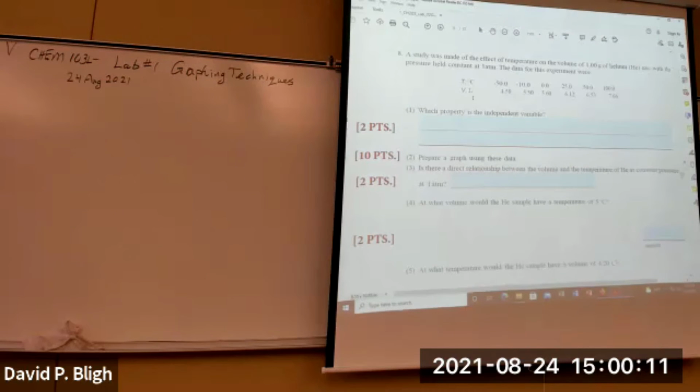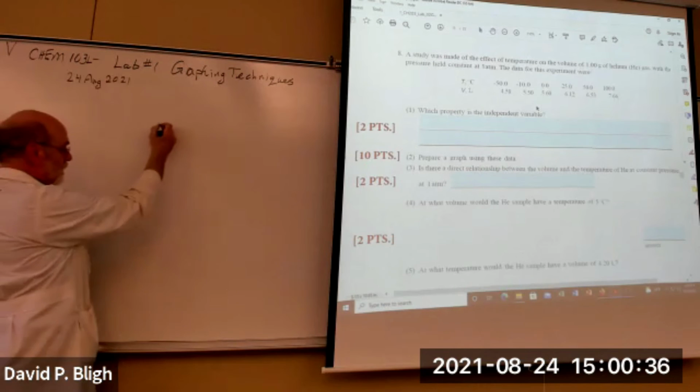So this one should plot a straight line. But notice that temperature here has some minus degrees, right there, there. So you have to consider, how do I draw my axes so that I can get those values in? Temperature is the x-axis. You change temperature and watch the volume.